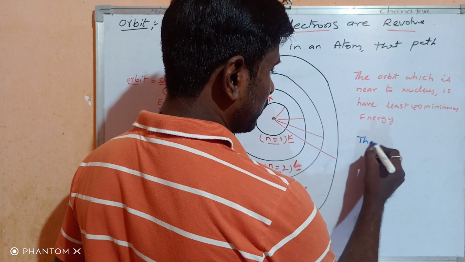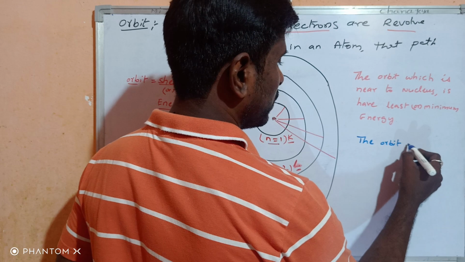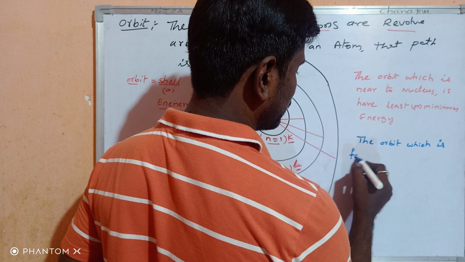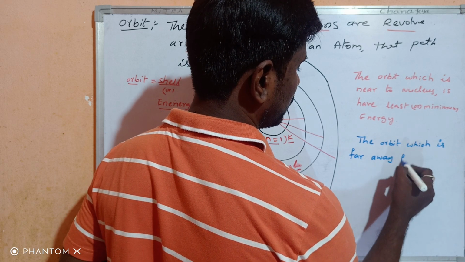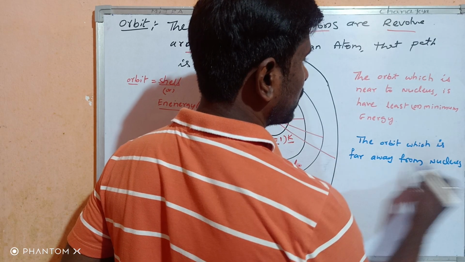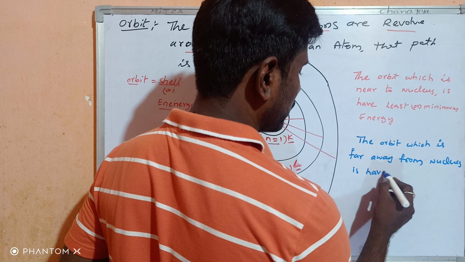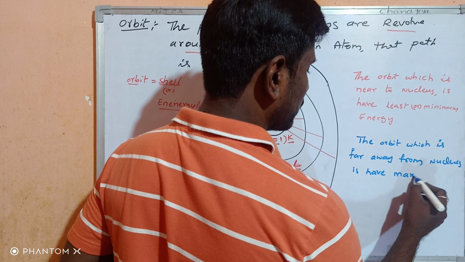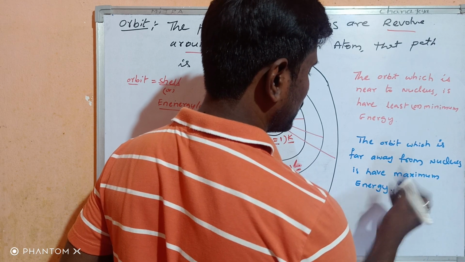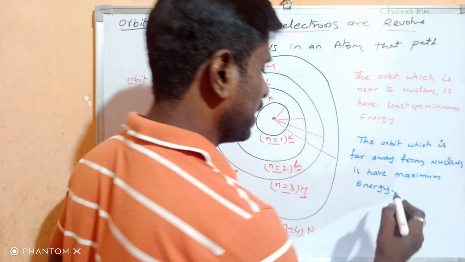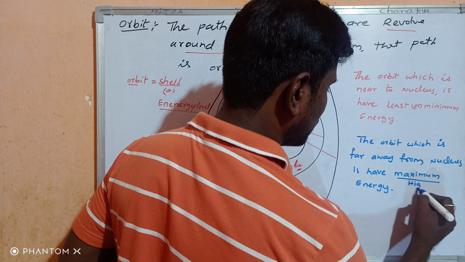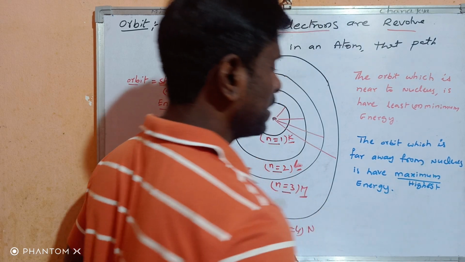And the orbit which is far away from the nucleus has maximum energy, which means higher or highest energy.